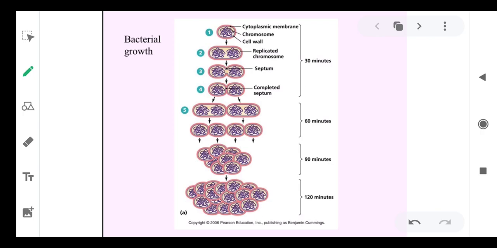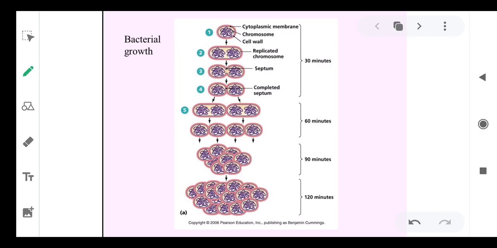But before we know the kinetics of bacterial growth and the depth of it, we should know what bacterial growth is. So students, if I differentiate bacterial growth from the growth of other organisms, how will you differentiate that? Bacterial growth is basically the increase in the number of cells.